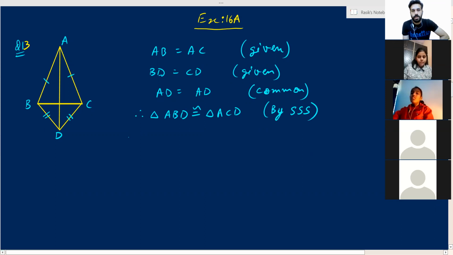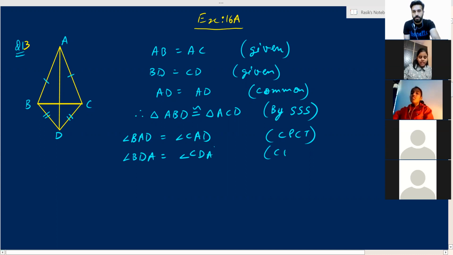And because the two triangles are congruent, their corresponding parts will be equal. So therefore, we can say that angle BAD is equal to angle CAD by CPCT, and angle BDA is also equal to angle CDA, again by CPCT.